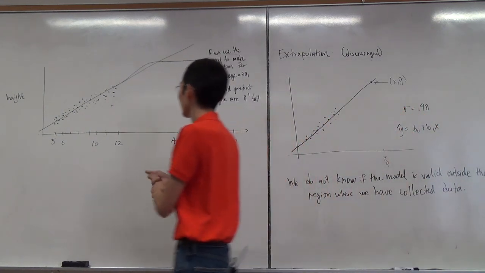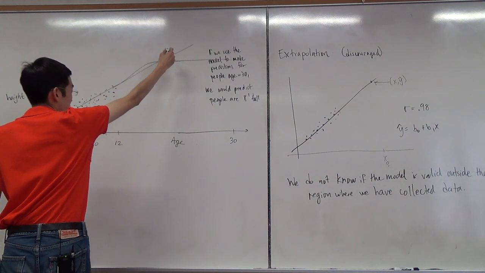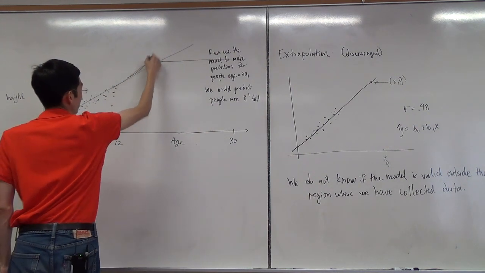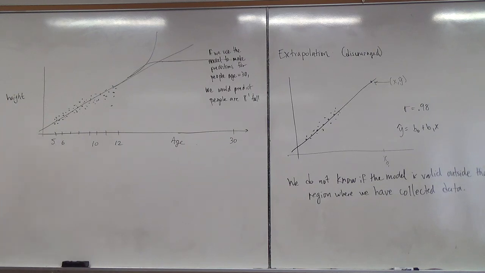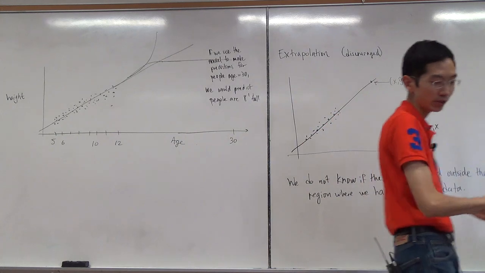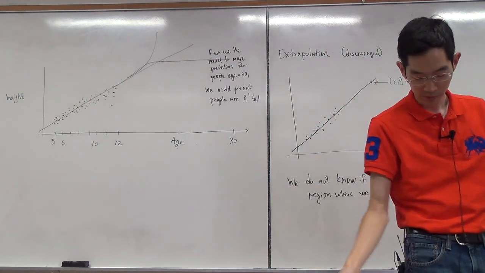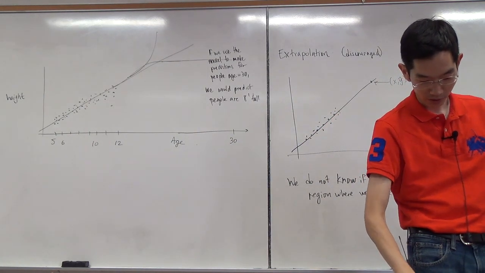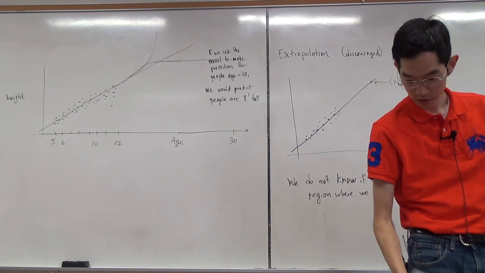Maybe the pattern keeps going straight, maybe it levels off, maybe it takes off. We don't know, okay? A lot of times when we're observing data, we're only observing data in this zone right here, and we have not collected any data from the far reaches of the future. So watch out for that.